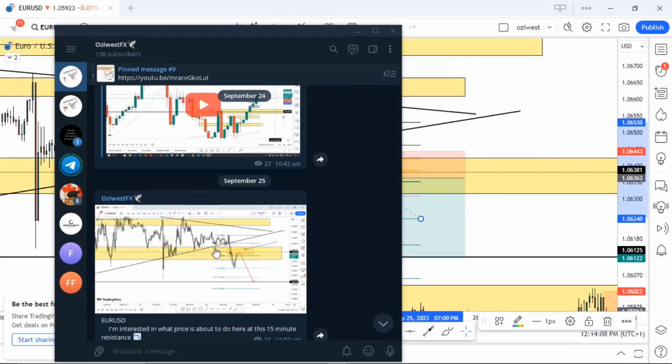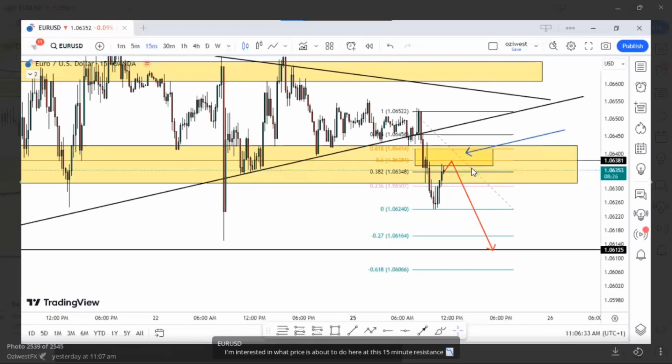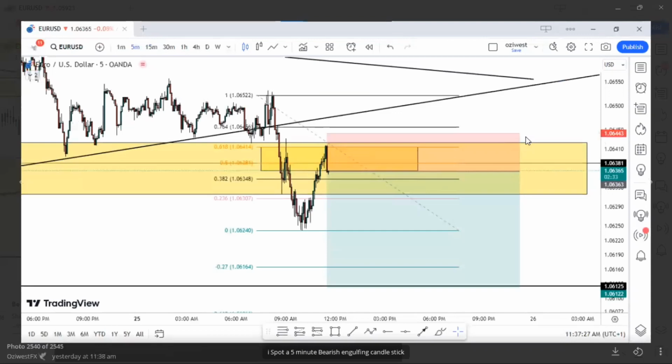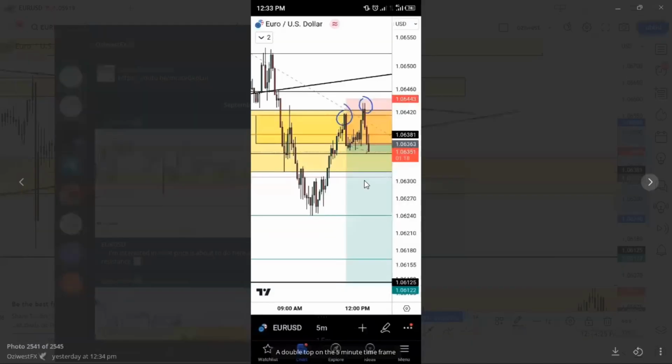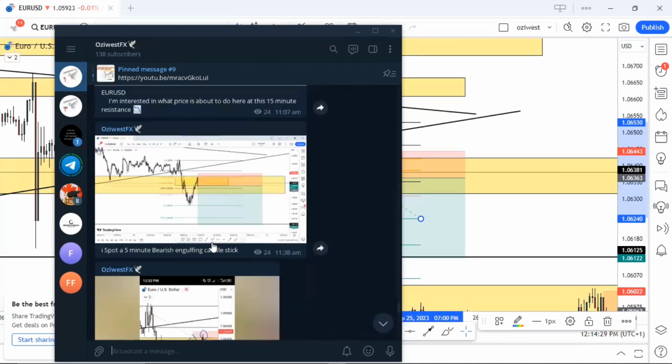Right here. Yeah. So I said I'm interested in what price is about to do here at this 15-minute resistance. So you guys see, this is what I sent out to the free Telegram group. And here price gave us an entry confirmation.